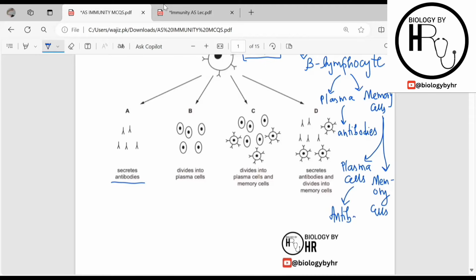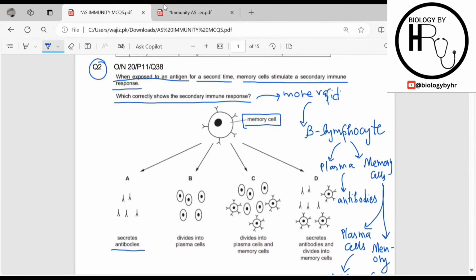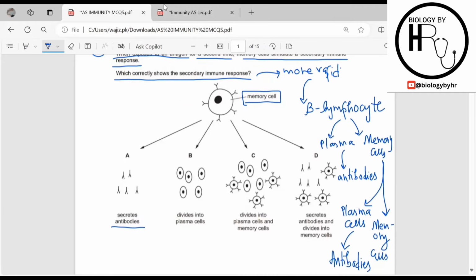Also, do remember that the memory cell itself is not going to secrete the antibody. The memory cell divides into the plasma cell, and these plasma cells secrete the antibodies. We cannot say that the memory cell is producing the antibody. This will be wrong, so option A will be the incorrect answer.